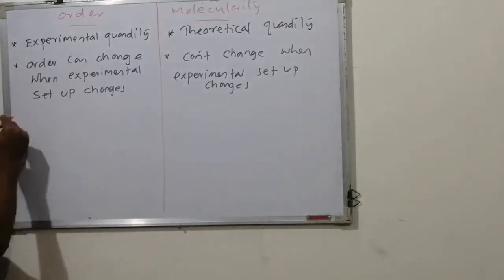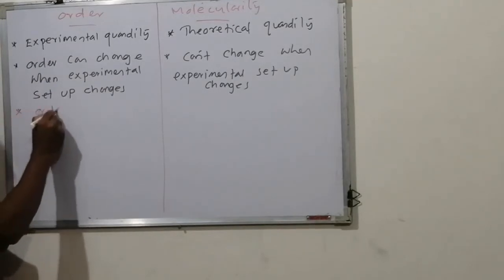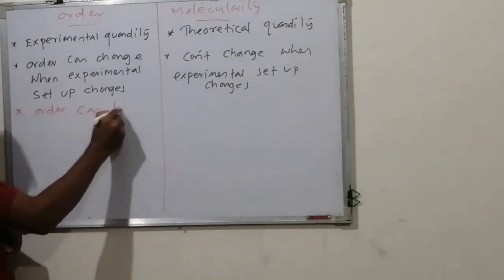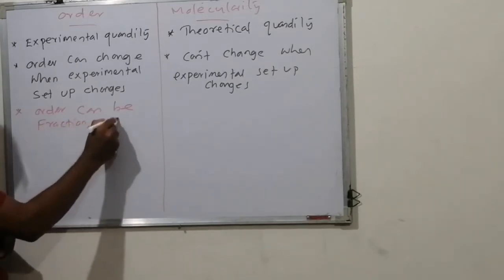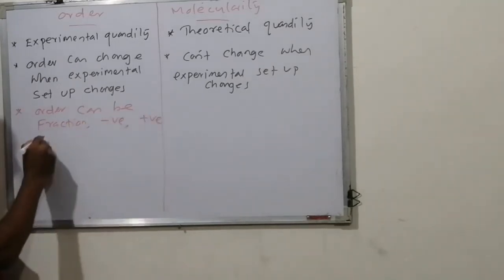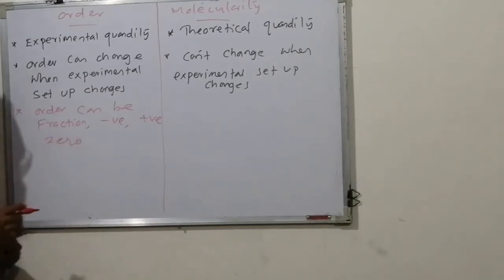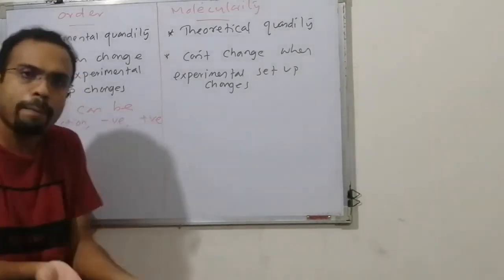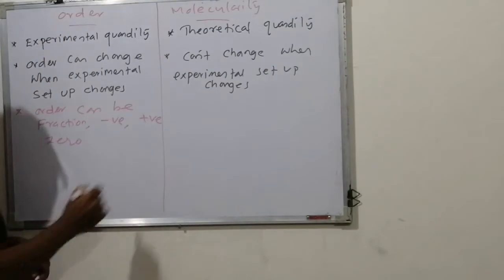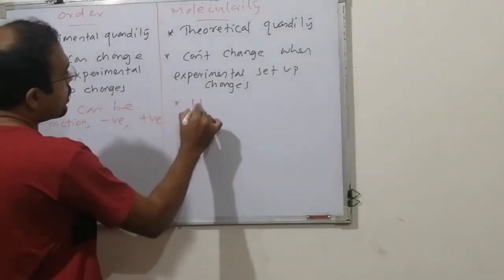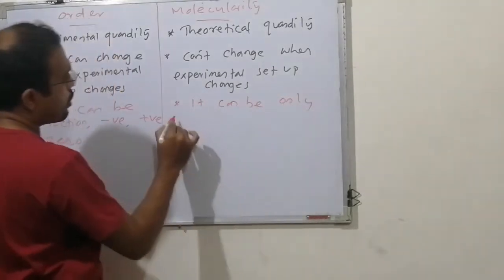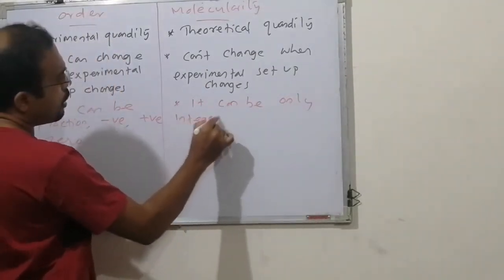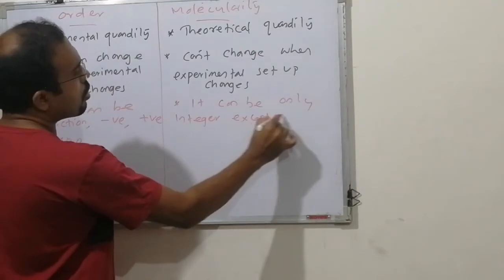Third, order can be fraction, negative, positive, even zero. But molecularity can be only an integer except zero.